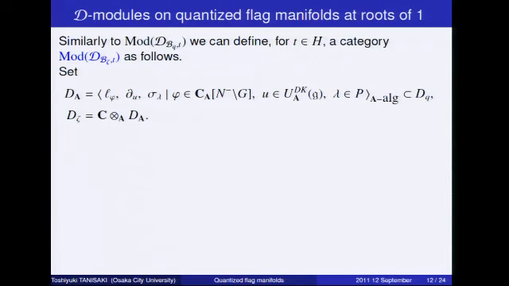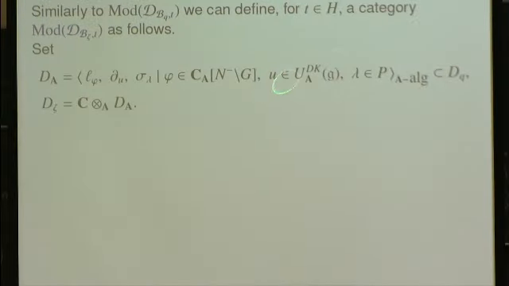And this A form, dA, is generated by typical generators, L phi. Phi is some A form of CQ G over N minus. And I consider du. Here, I use the Konchini-Katz form for the part of the enveloping algebra, the quantized enveloping algebra, and also sigma lambda.